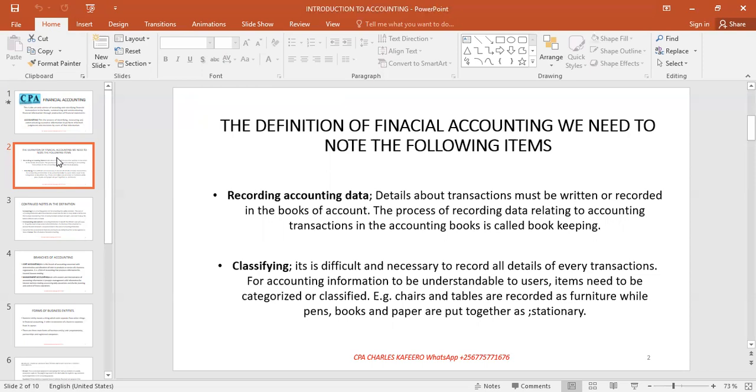The other thing we said, accounting involves classifying. What are we classifying? It is difficult and unnecessary to record all the details of every transaction. For accounting information to be understandable to users, items need to be categorized or classified. For example, say I'm explaining to the public, who don't understand accounting, what they really want to know from our financial statements.